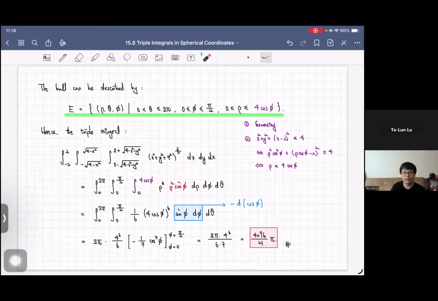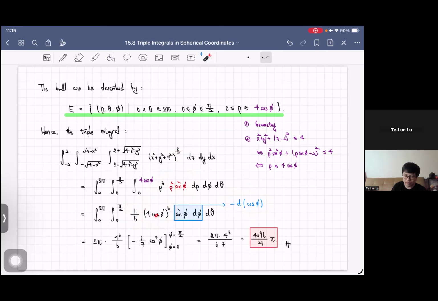And then it's simply a very naive version of integration. Integrating with respect to rho, you get 1 over 6, plugging in the corresponding boundary for cosine phi to the power of 6. And you don't have to panic because you have this sine phi here, which serves as a differential for cosine phi. Sine phi d phi is minus d cosine phi, right?